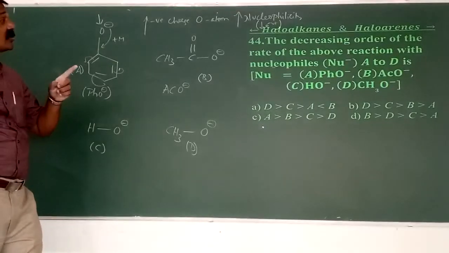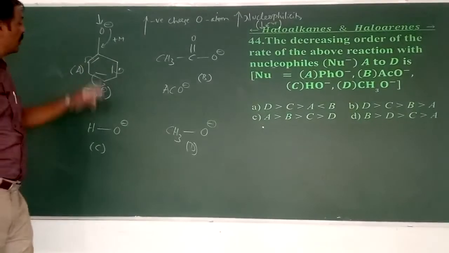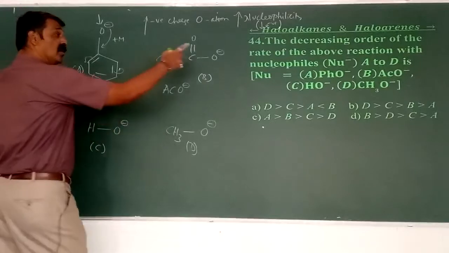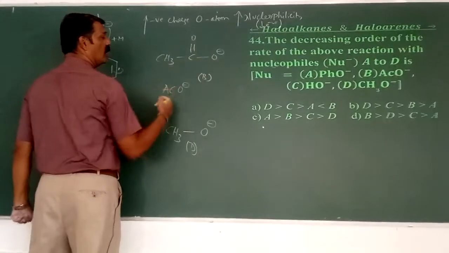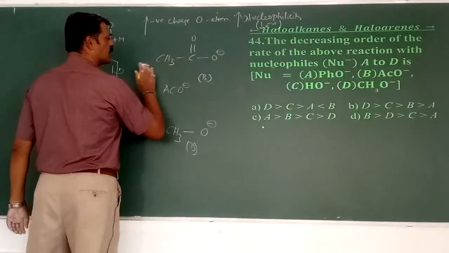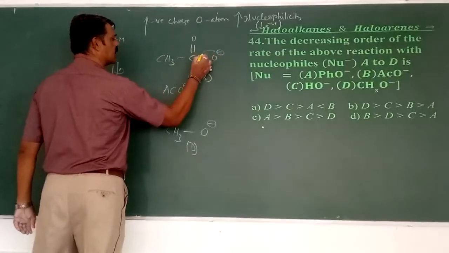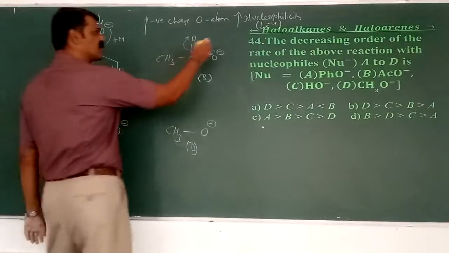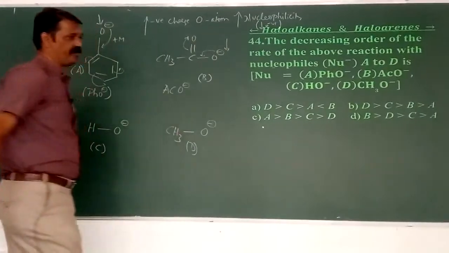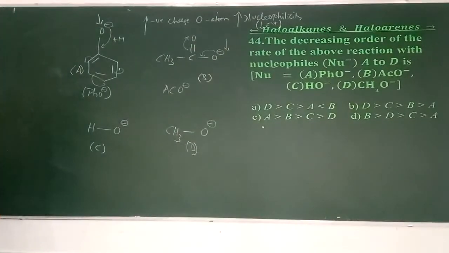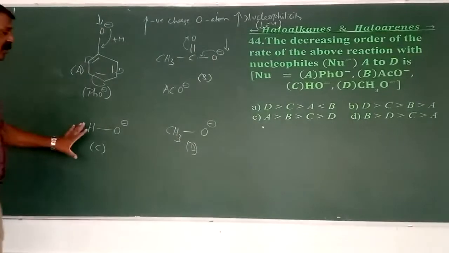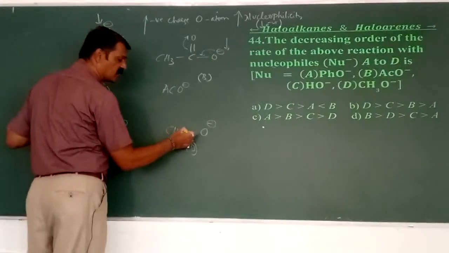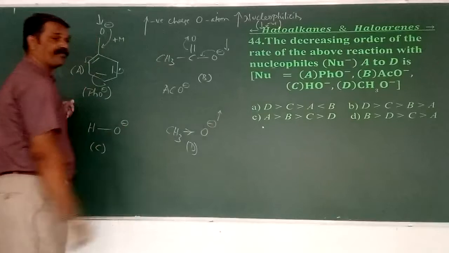The more the negative charge, the more the nucleophilicity, but here it is less. Acetate is stabilized by resonance. Again, the negative charge gets decreased because it is delocalized. Then we have neutral here. CH3 is electron releasing, therefore it is highest.